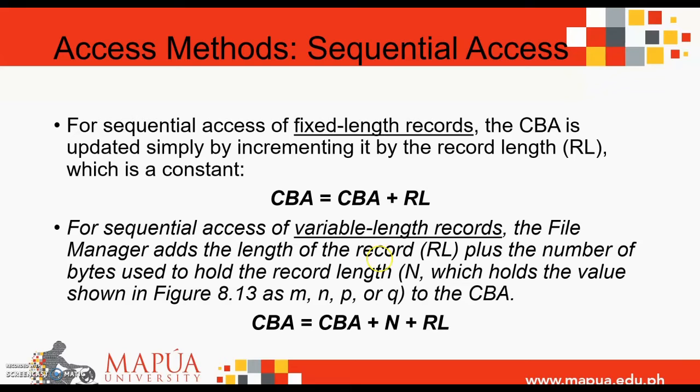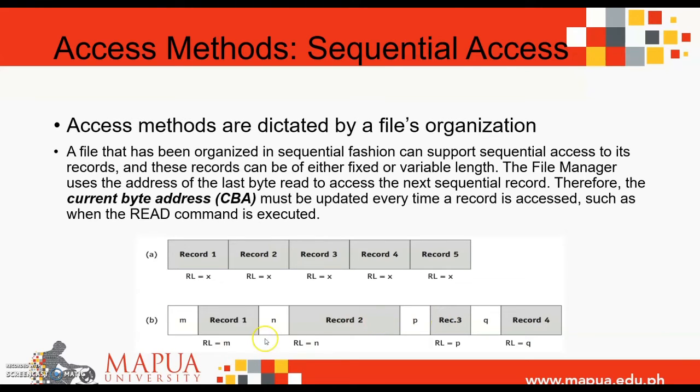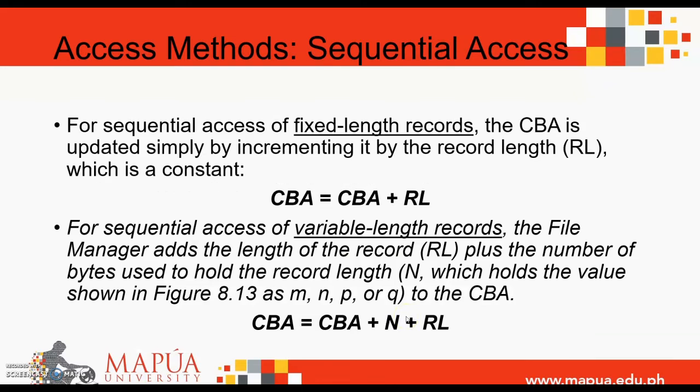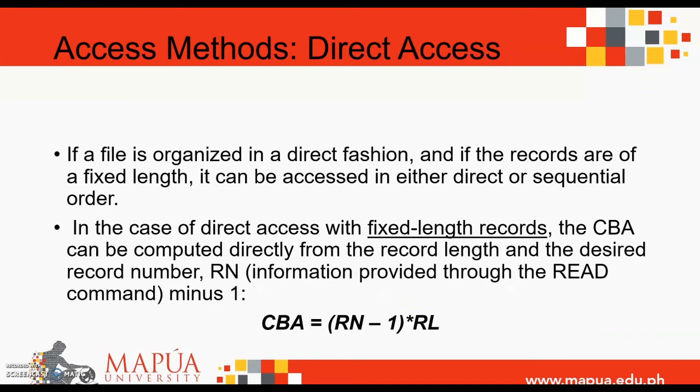So the formula is CBA equals CBA plus RL. For the sequential access of variable length records, it is quite the same. The formula, we're just going to add an N, which holds the value shown in the figure here, or M. It really depends. Now we're going to talk about direct access.